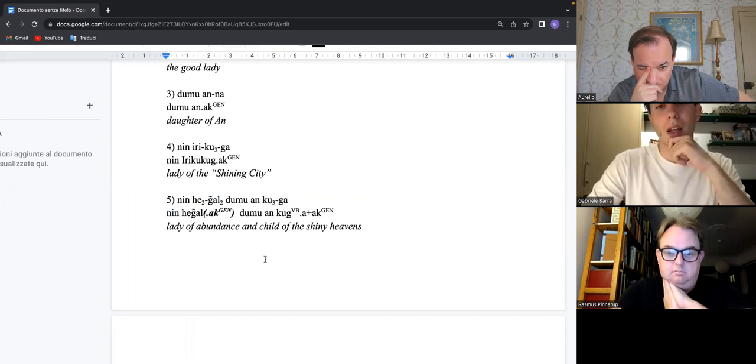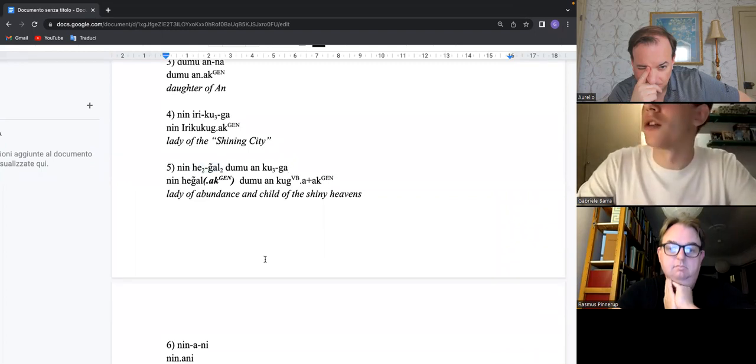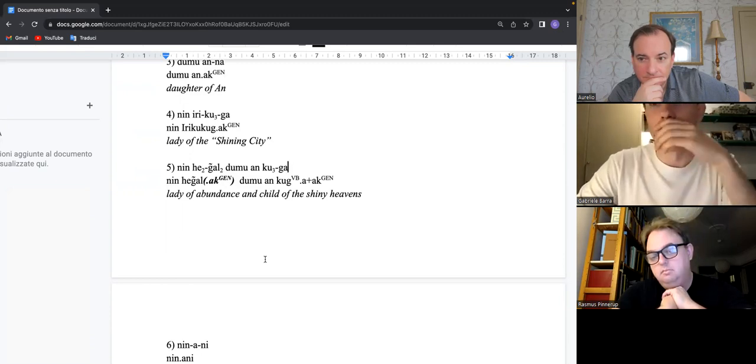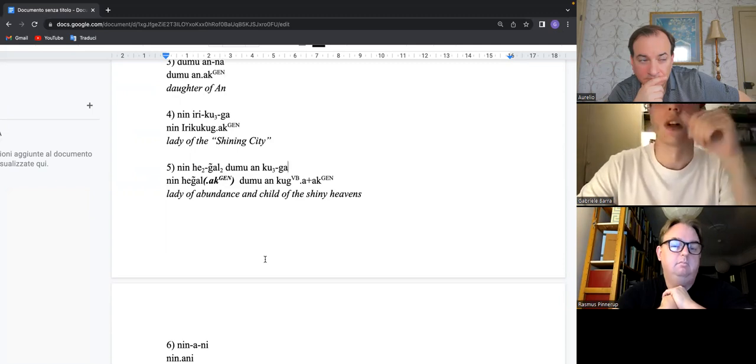Another thing, and this is actually a big correction because I've been changing my Sumerian doctrine since we started this course: Sumerian does have a very restricted adjectival class. So Sumerian actually does have adjectives, although in a very reduced amount compared to the languages of today, say English or Italian.